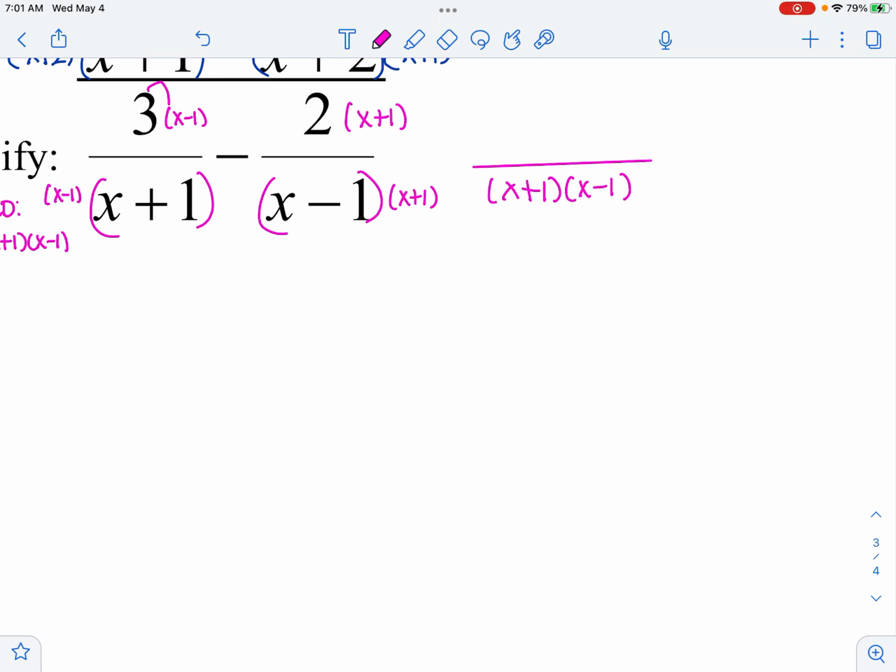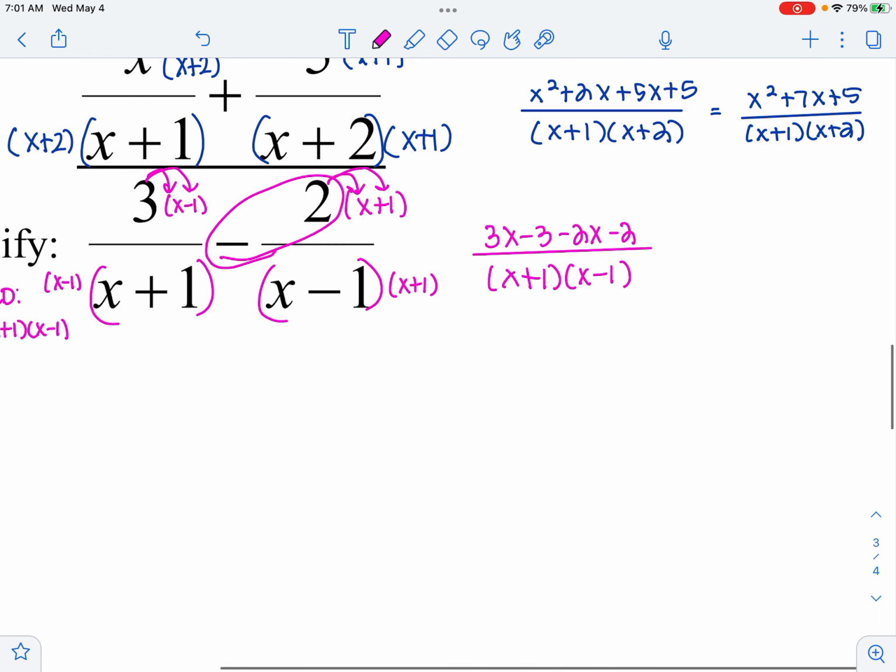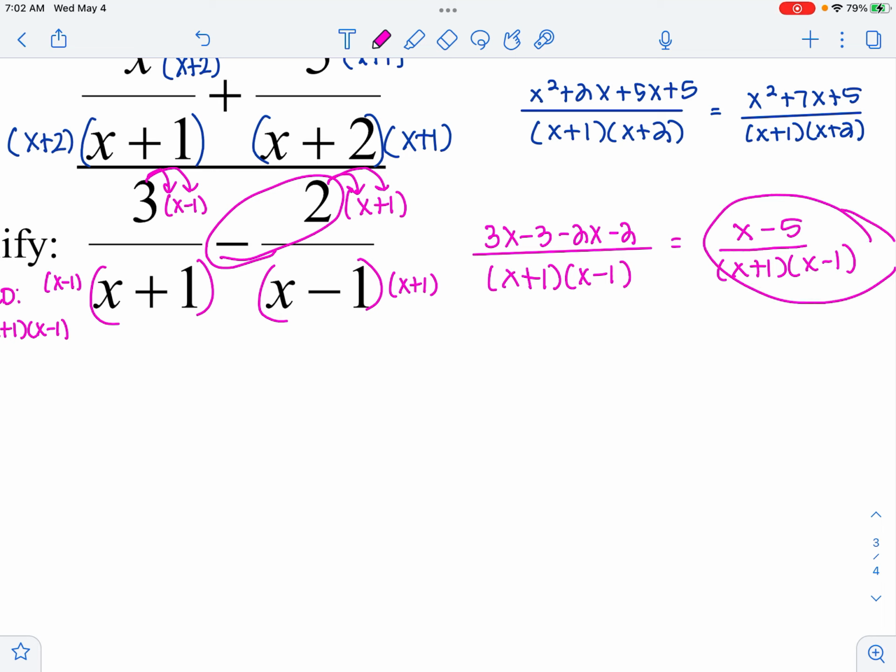And then my new numerator, distribute your 3x minus 3. Distribute your negative 2x minus 2. Combine like terms just like we did for the last one. So that is x minus 5 over x plus 1 times x minus 1. All right, so once again, if I look at this, this is not simplifiable. There's no common factors that cancel out.